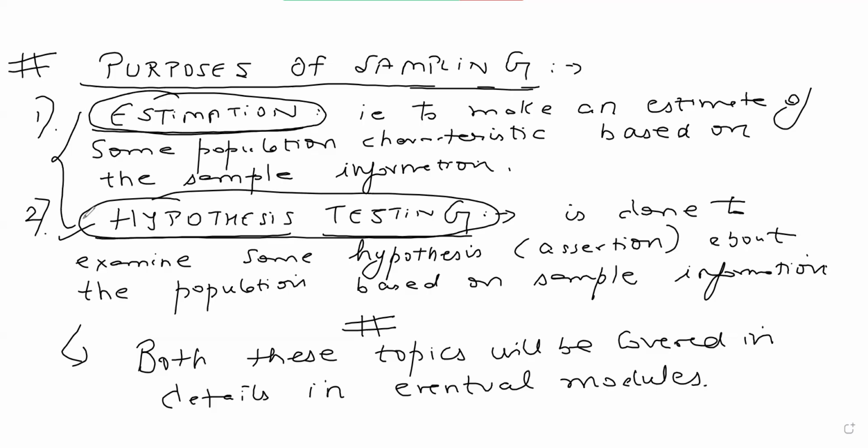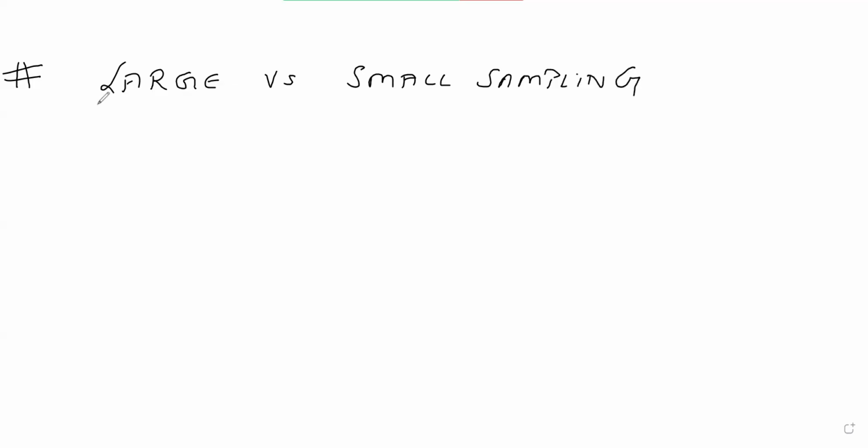Okay, so hoping students have understood the purposes of sampling. Then you should also be clear about, often we are going to refer to large versus small sampling. So students can write the next heading, large versus small sampling. Now, different books take different types of large and small samples, but I'm following a very standard and a globally recognized book, Probability and Statistics for Engineers by J.L. DeVore.